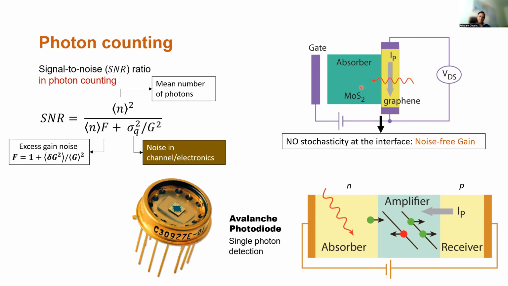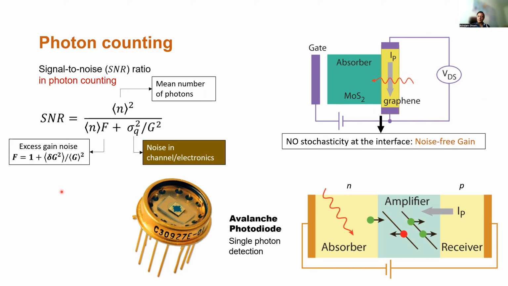The electron and hole are created in a physically separated region, which is the molybdenum disulfide or transition metal dichalcogenide layer, and the electron goes without any stochastic recombination with the holes for a very, very long time. So as a result, in these kinds of devices, the gain noise is essentially completely suppressed.